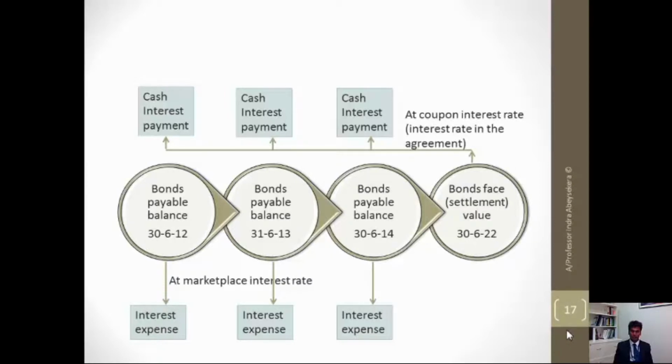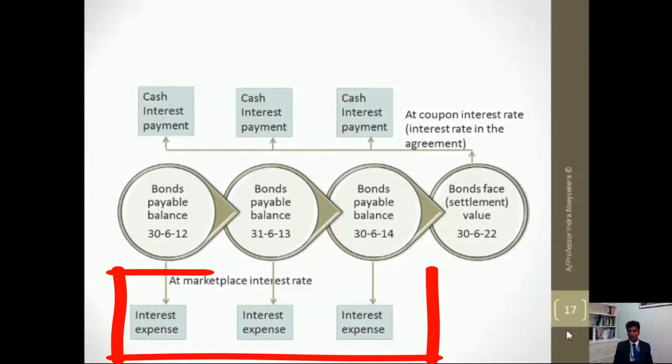On the other hand, to be in sync with market reality, the market interest expense would be based on the bonds payable at the beginning of the year at the market interest rate. That becomes the interest expense. That is the market reality.